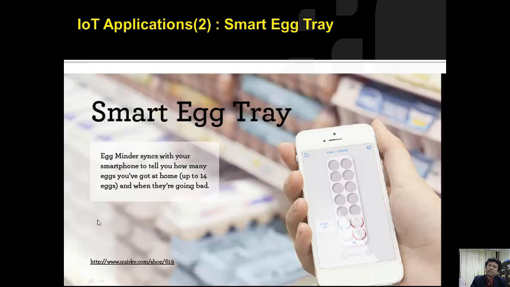Or it could be a smart egg tray, a product that is currently available in the market. An egg minder features a built-in Wi-Fi chip to allow it to sync up with the smart device via an application, or app.